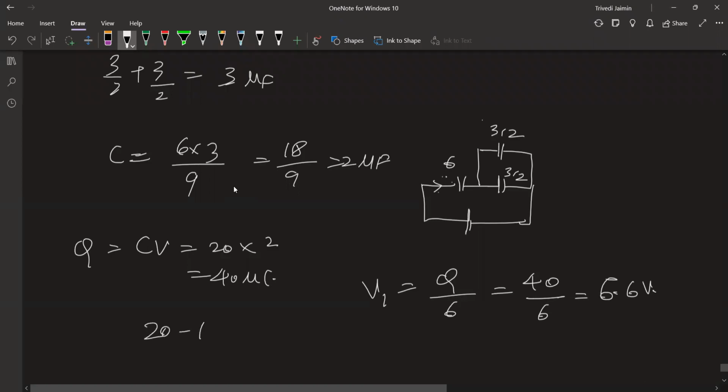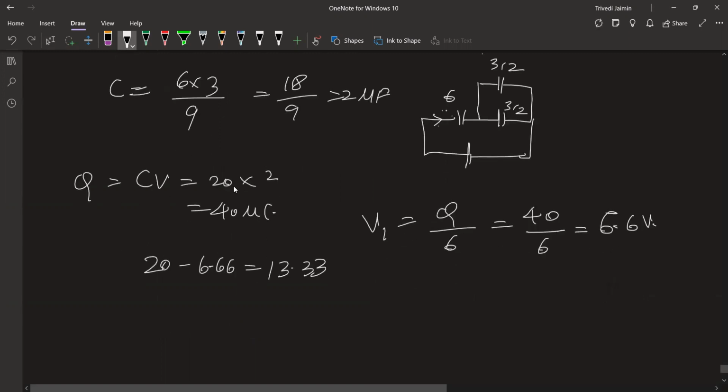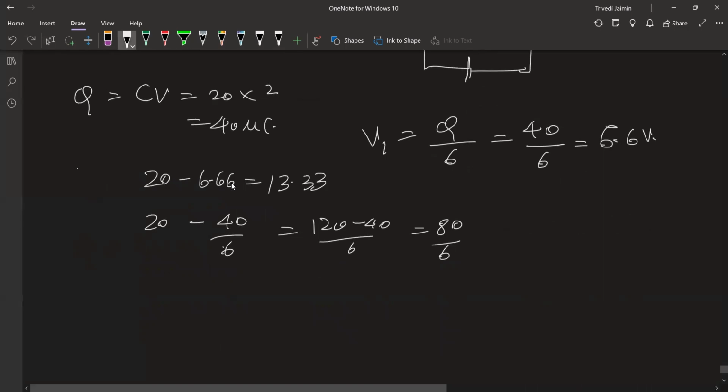So 20 minus 6.66 will give you 13.33. Or let's keep it like this: 20 minus 40 by 6, which is 80 by 6. Okay. This is V2.